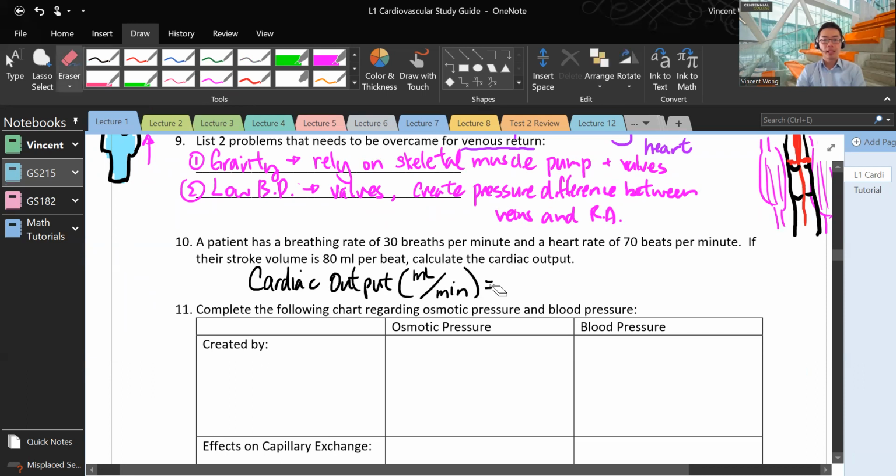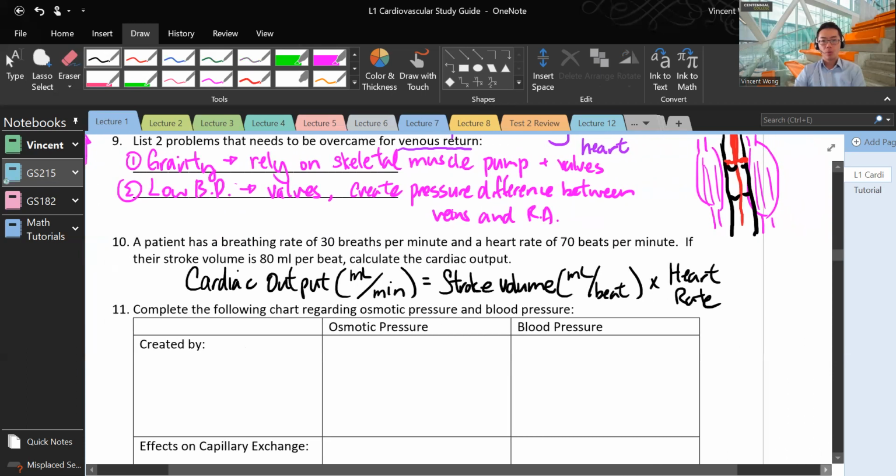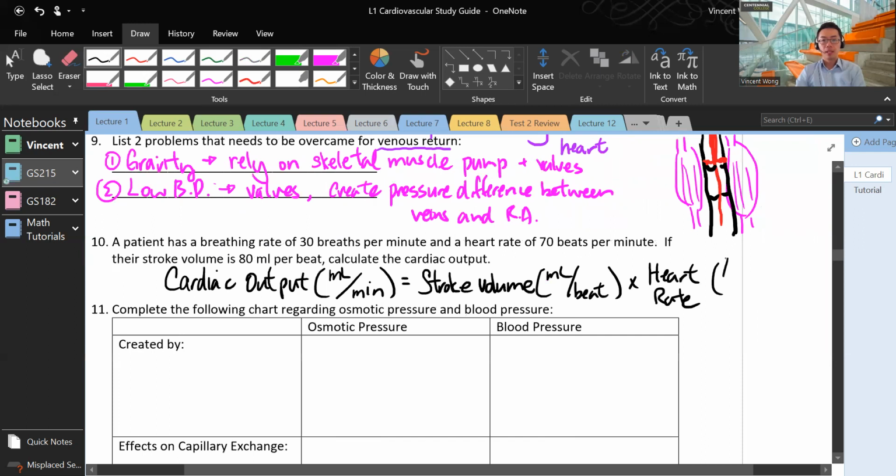And in order to calculate that, we need two pieces of information. We need the stroke volume, which is milliliters per beat, multiplied by heart rate, which would be beats per minute.